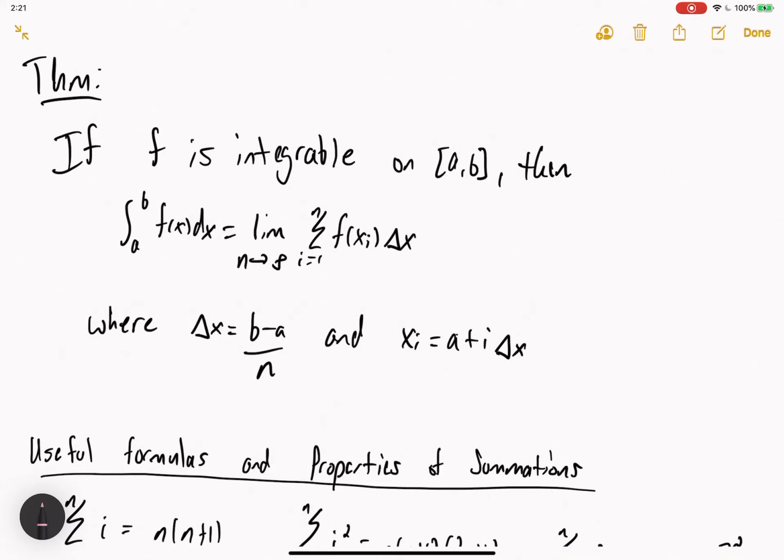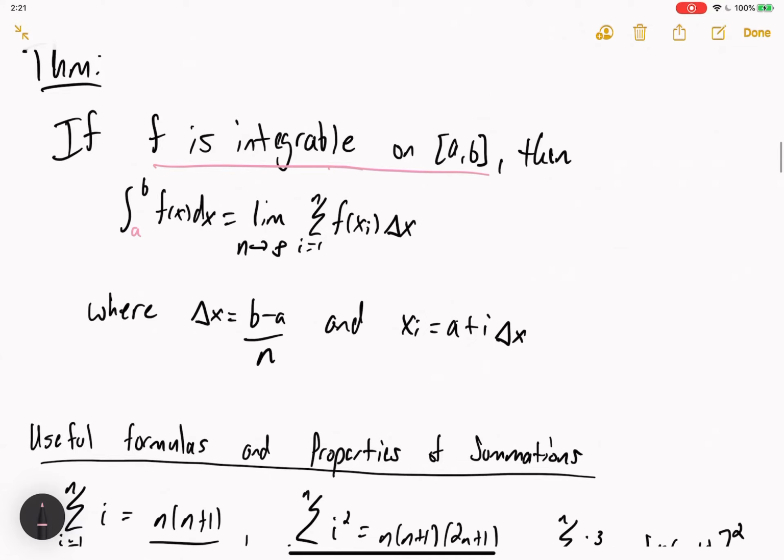This theorem is: if f is integrable on [a, b], so if its definite integral exists, then the integral from a to b of f of x dx, where we specify we're integrating with respect to x, is equal to the limit as n goes to infinity of the sum from i equals 1 to n of f of x sub i delta x.